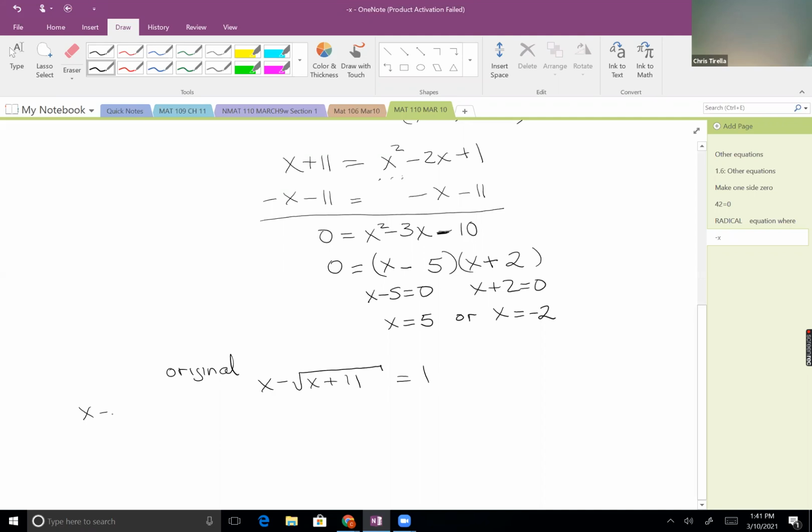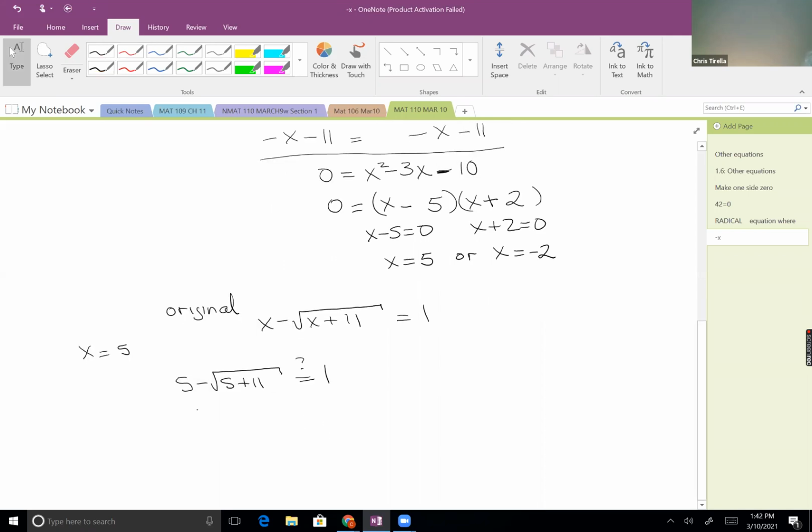If I put in x equals 5, that gives me 5 minus the square root of 5 plus 11. We're wondering, does that equal 1? So what is that? That's 5 minus the square root of 16, which is 5 minus 4, which is 1. So it checks.